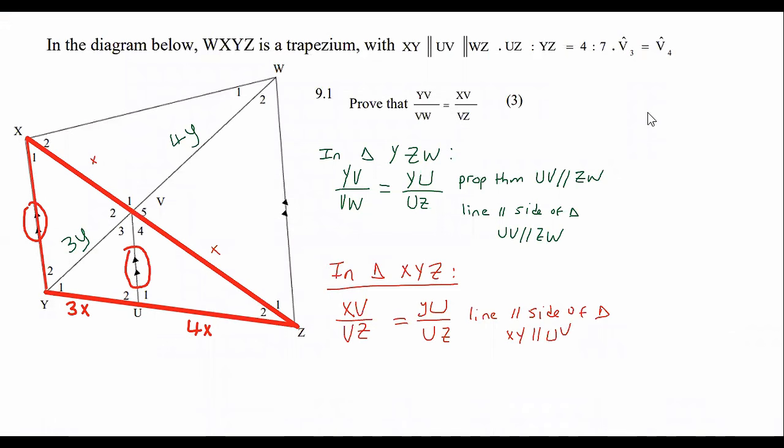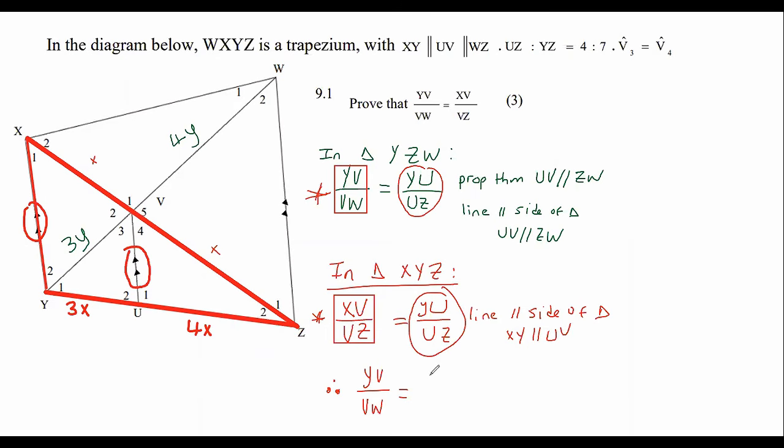And so what we should identify now is that we've got YV over VW and XV over VZ. We made both of those things equal to YU over UZ. And so because they are equal to YU over UZ, this part and this part must also be equal to each other. So we can say, therefore, YV over VW must be the same as XV over VZ.